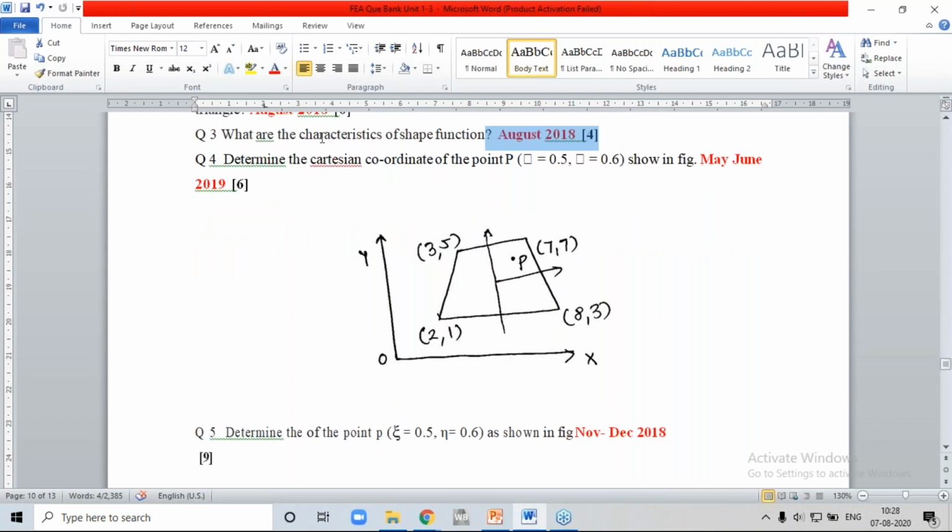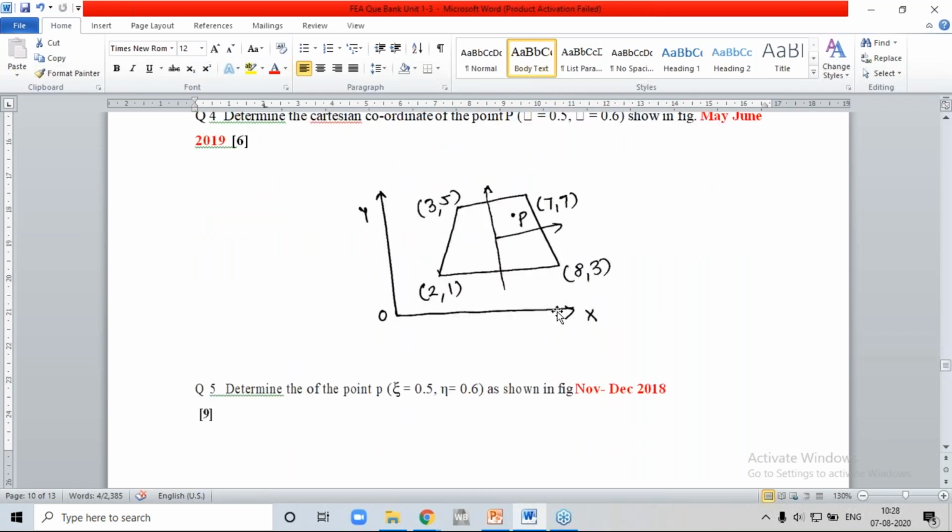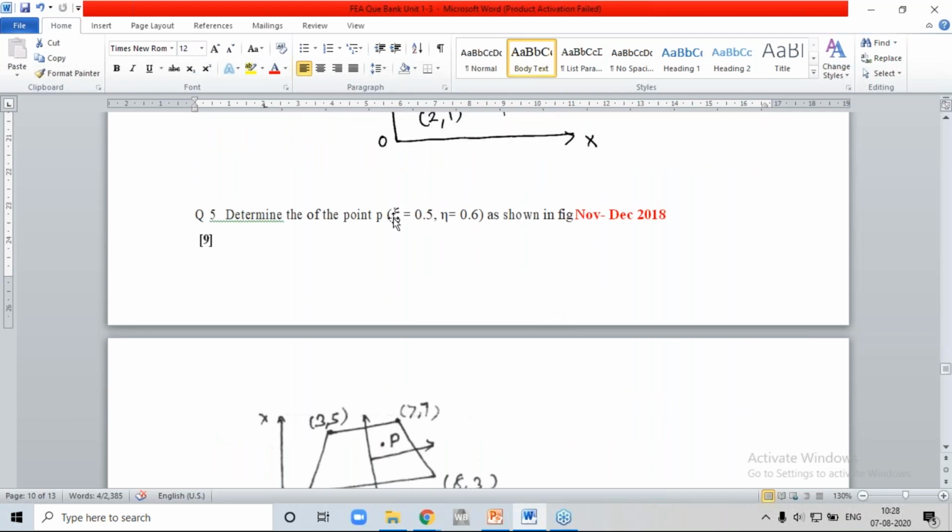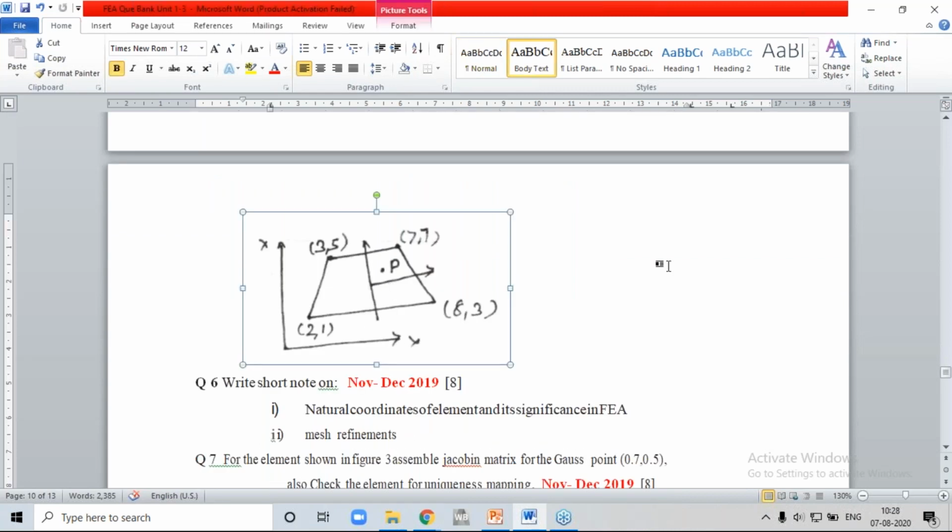Then characteristic of shape function, determine the Cartesian coordinate of point P. This is also on shape function. Then zeta and eta. Whenever you find the symbols zeta and eta, that is a question on shape function. This is also on shape function.